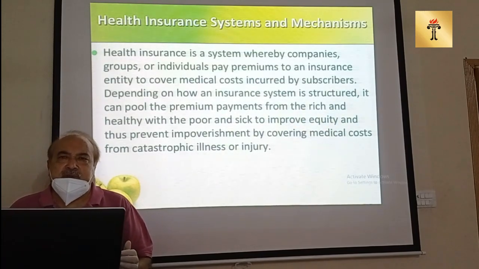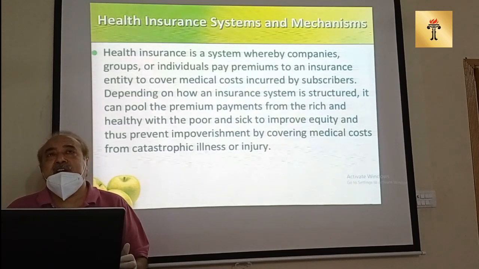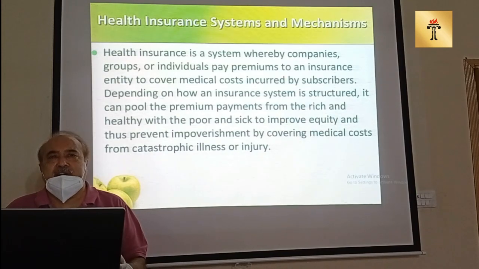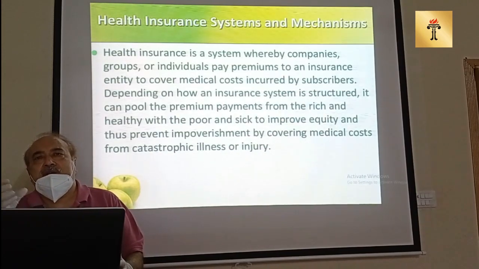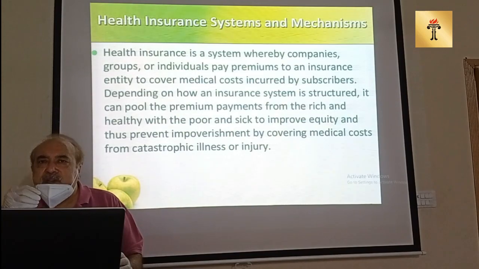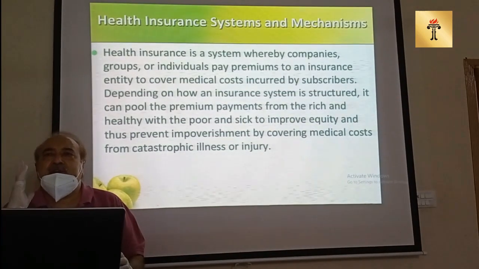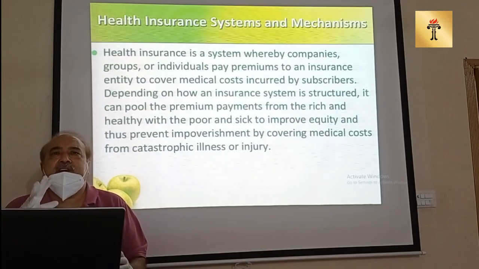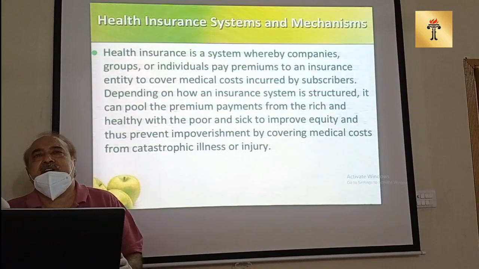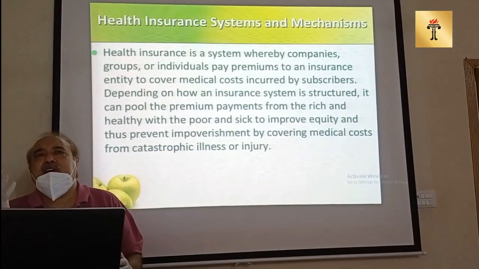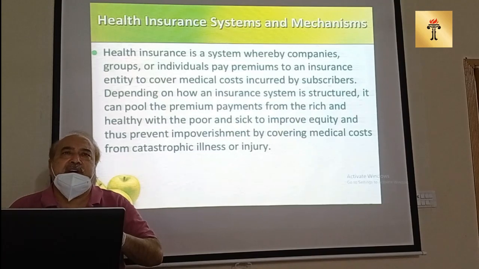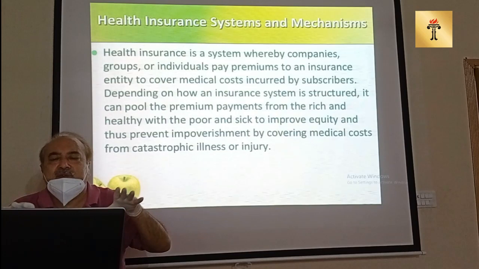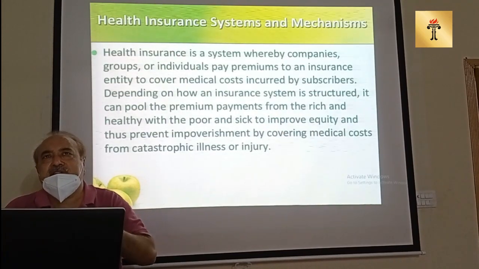In the developed countries, they have very good health insurance systems. In certain countries like the UK, I already told you the Bismarck method, the mixed method. The main point is that even if the insurance company is a private one, the fee is paid either by the government or by the employer, or the contribution is made by the private person as well. But all this health care is covered under health insurance systems.